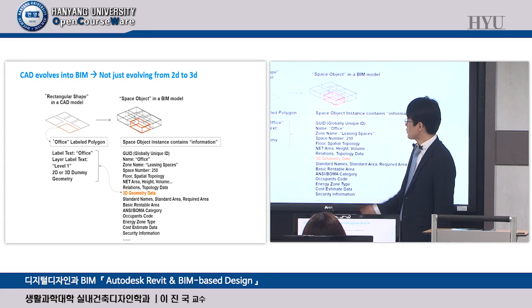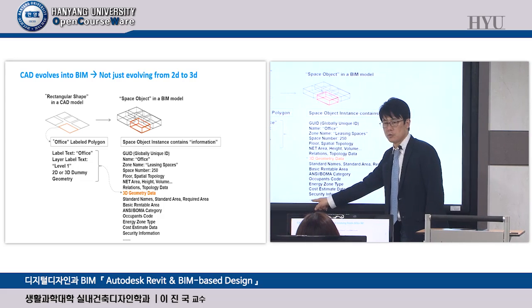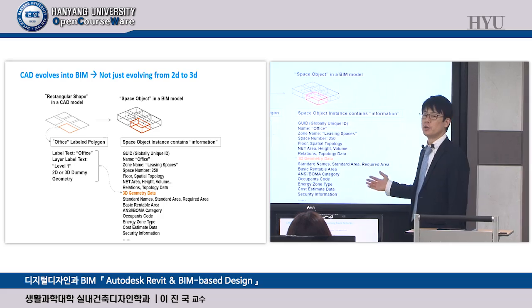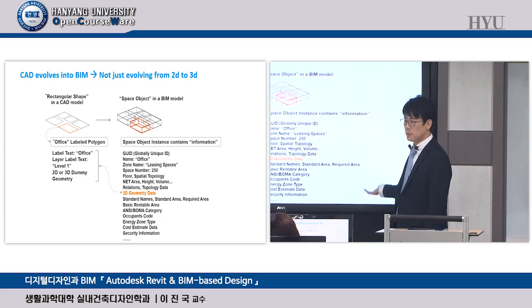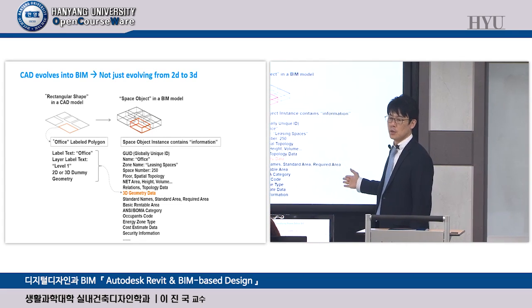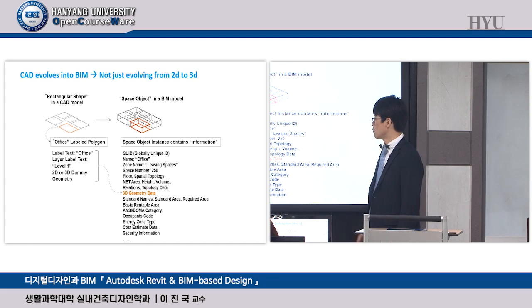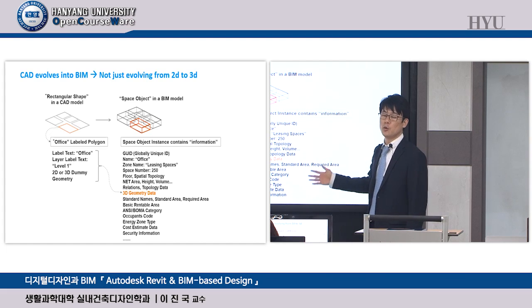But actually the information set, look at this, it's never ending. In other words, open-ended. So far, there are specific definitions, defined by someone else, ISO, some industry people, some developers. But you can add anything, okay? It's open-ended.